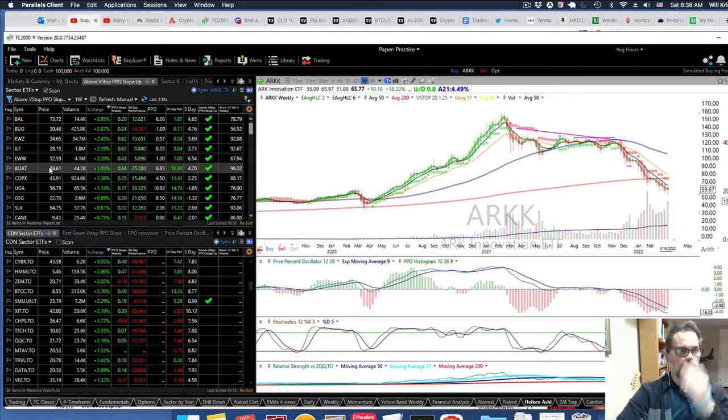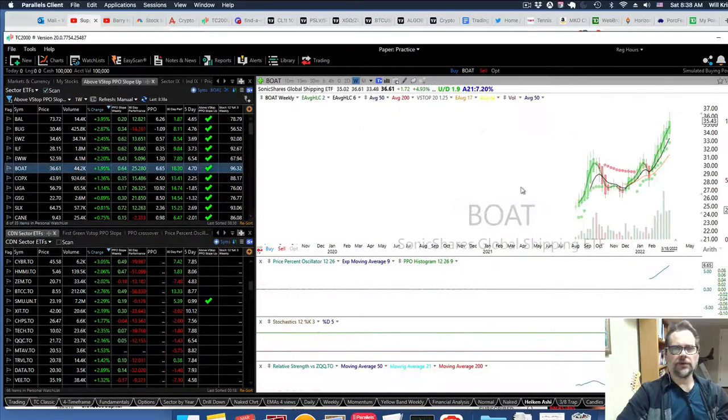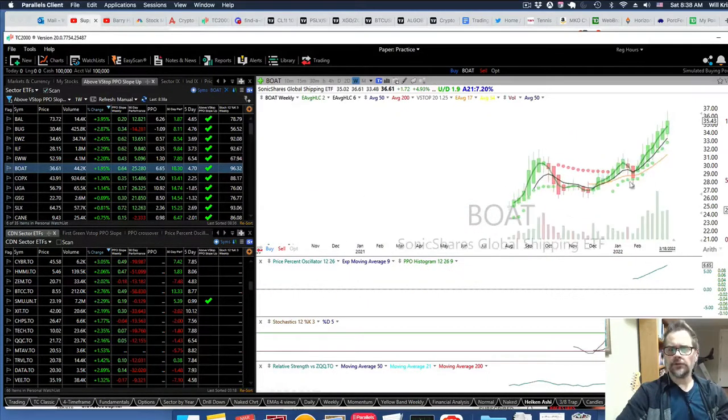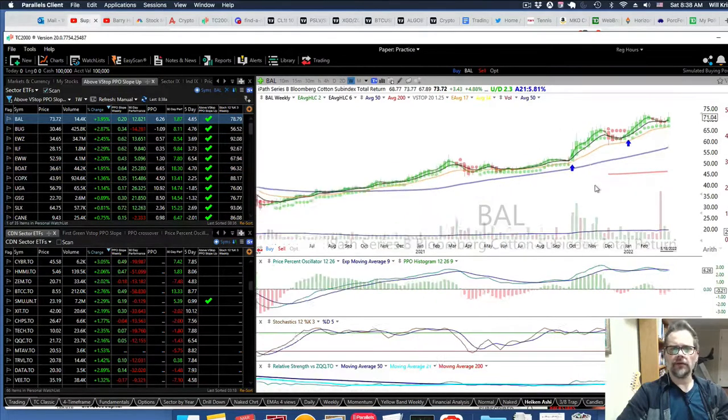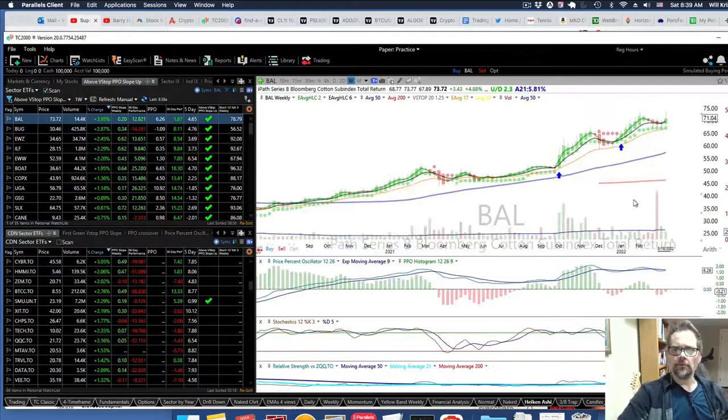But the commodities, there's an interesting ETF called BOAT. It's a shipping ETF. Look at that beautiful uptrend. You want to get in after a pullback, ideally. What else do we have? BAL is cotton. So if you're looking at commodities, they've been going up incredibly well.